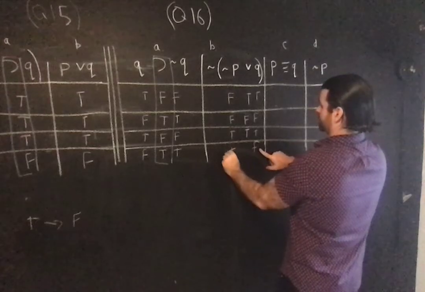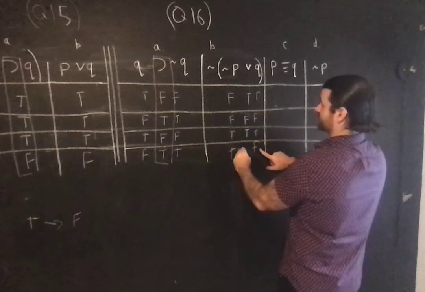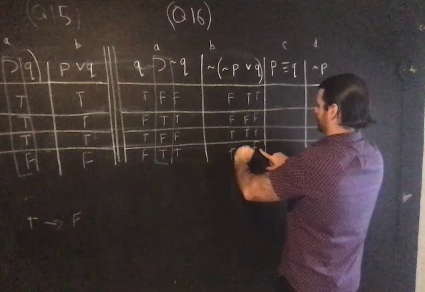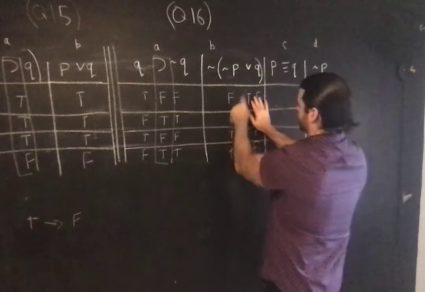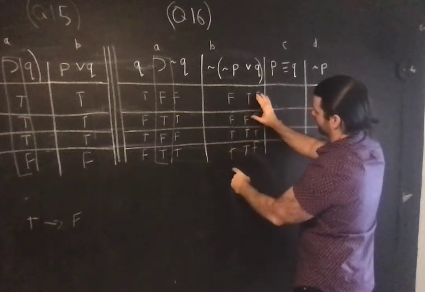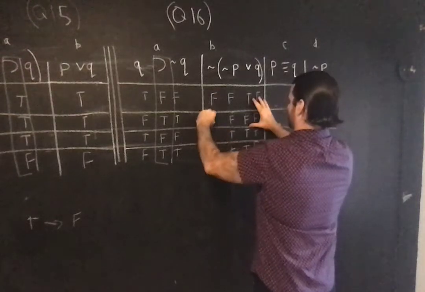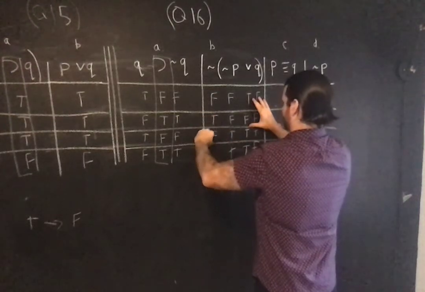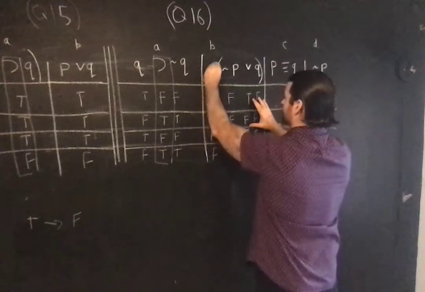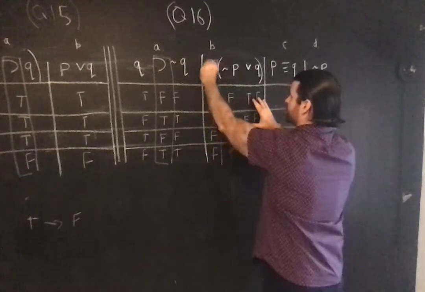This is true. False, true. Okay, so that's true. So I'm looking at this one, I'm negating this, I'm negating T, F, T, T. So it's F, T, F, F, right? That's my column.